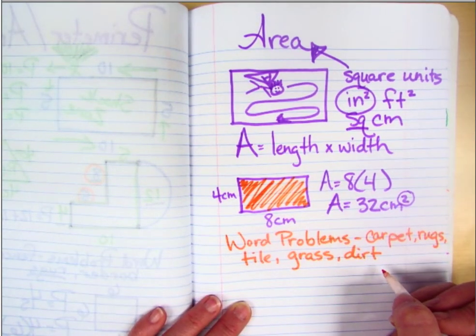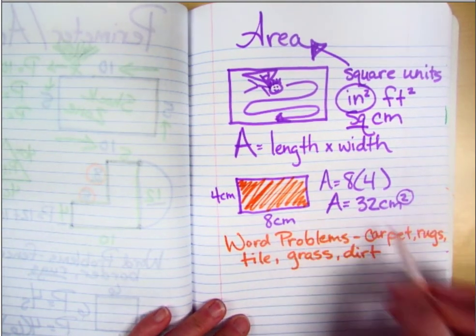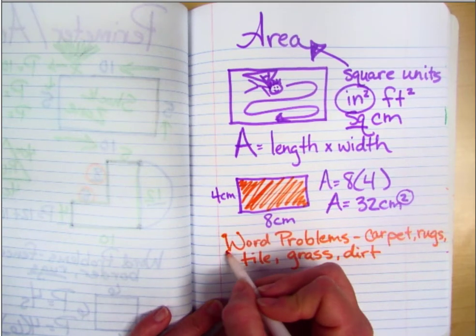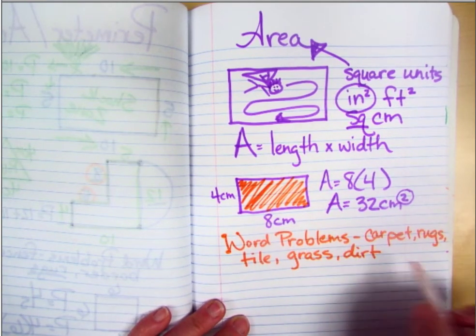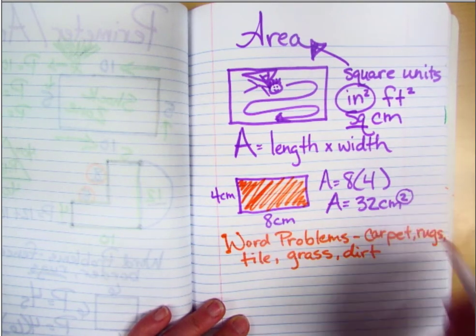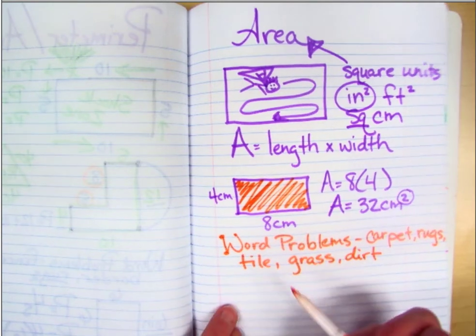And you actually use this a lot when you're building houses, because this is how you calculate the cost of the house flooring, and the house being built is the cost per square feet. So watch out on those word problems. Remember to look for the exponent 2. Square units mean that you are going to be doing area.